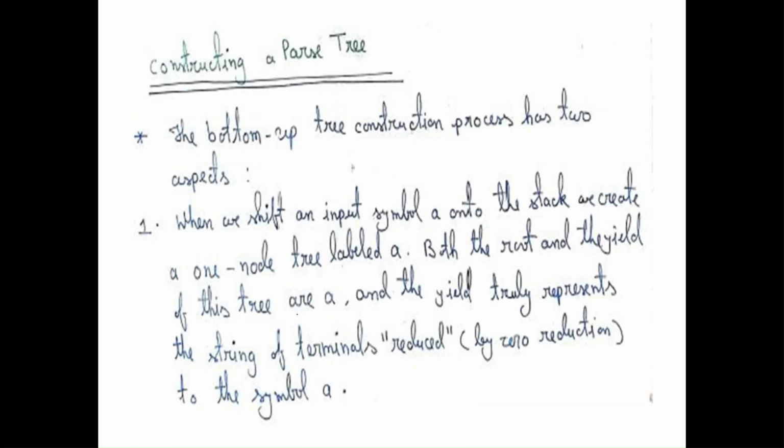Fine. Now how to construct a parse tree for bottom up parsing or shift reduce parsers? So what exactly is the process? It has two aspects.